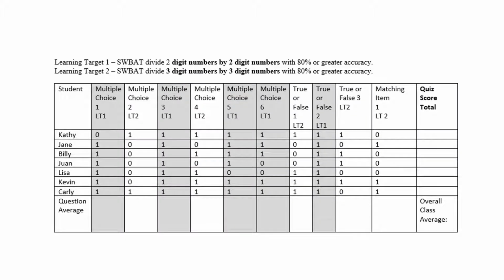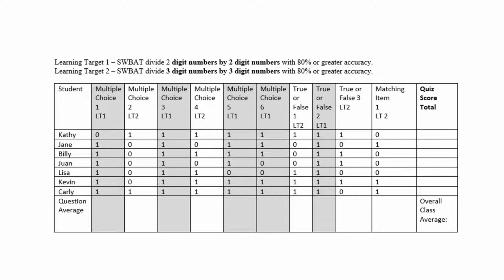Now the hypothetical example, and also the real example that you're going to use for your actual edTPA assignment, contains the scores for 7 students. Each of the scores has a 0 or a 1 in the column.